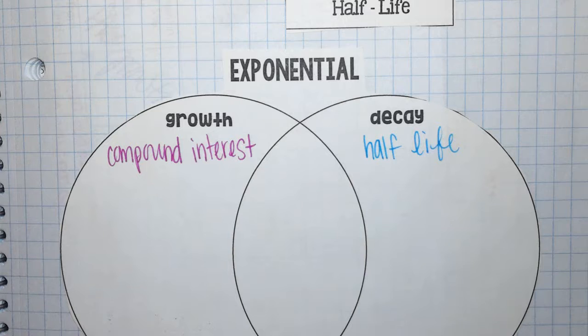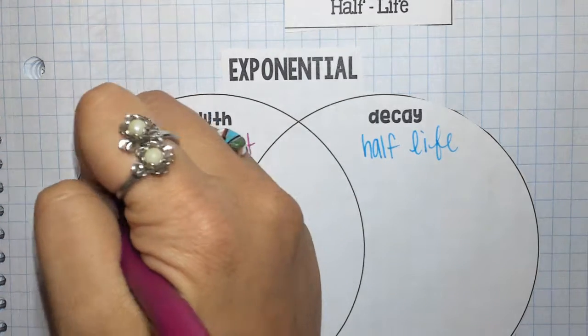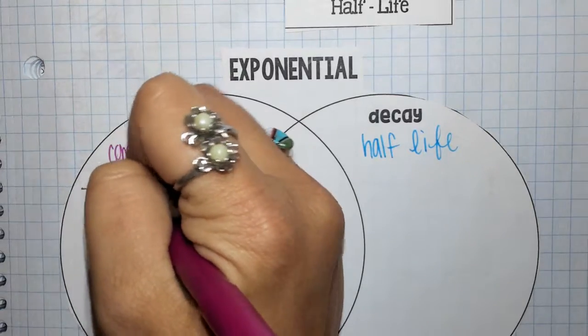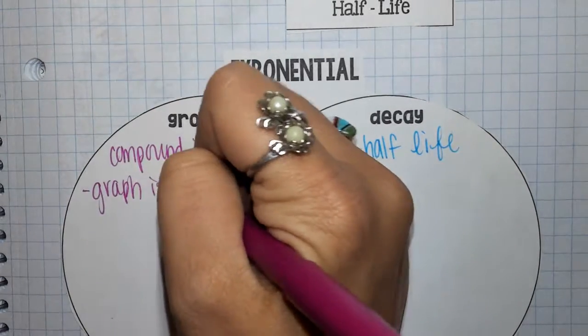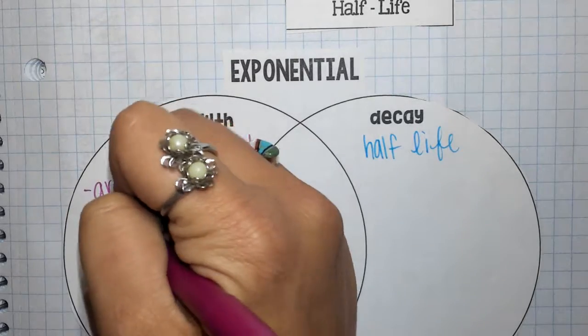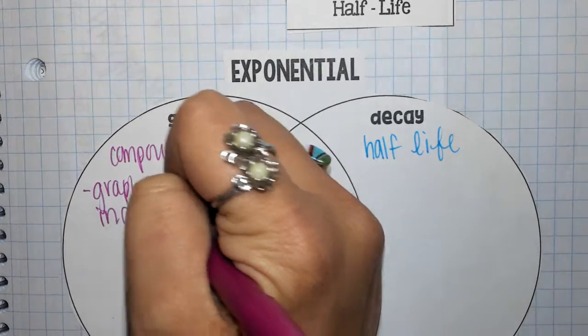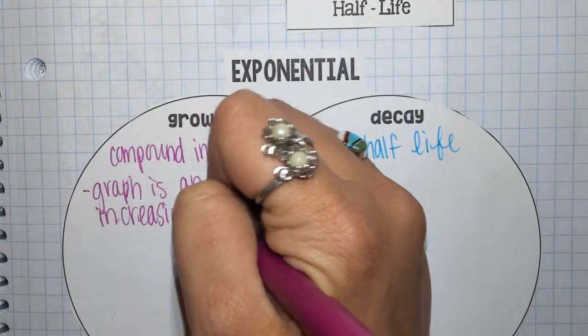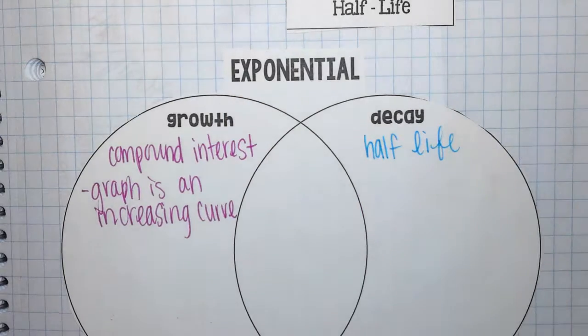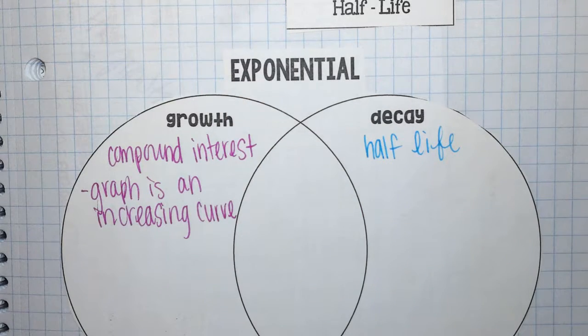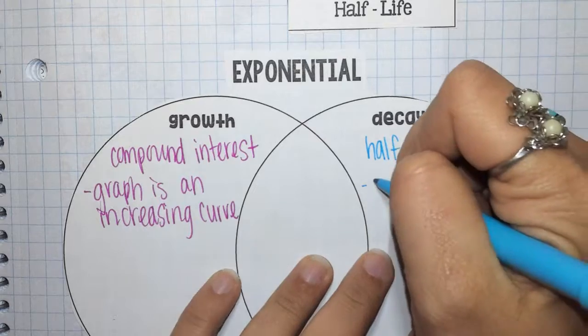What do you know about the graphs of exponential growth? Is the curve increasing or decreasing? Okay, so the graph is an increasing curve. What's the graph of a decay? It's a decreasing curve.